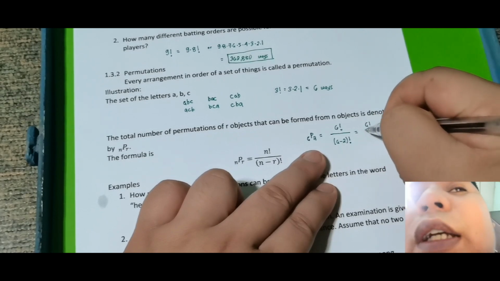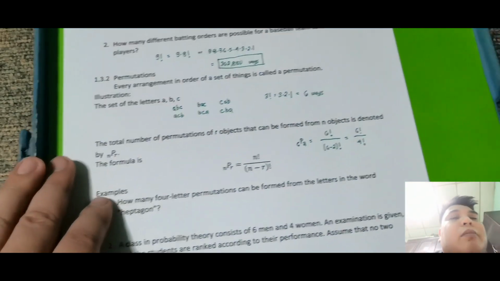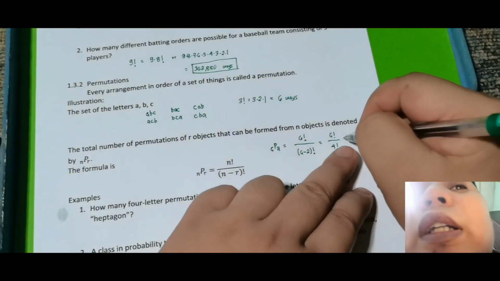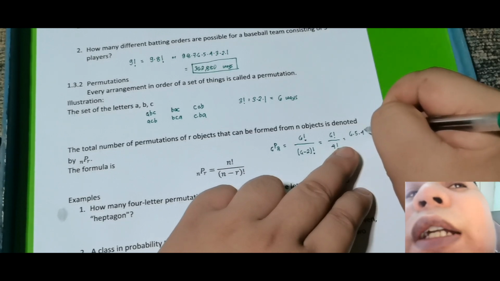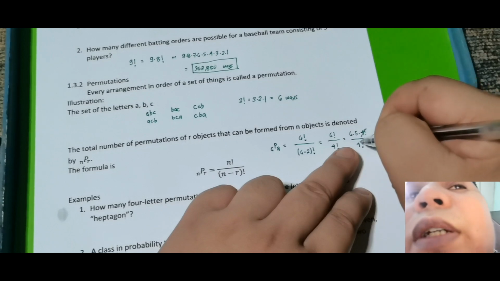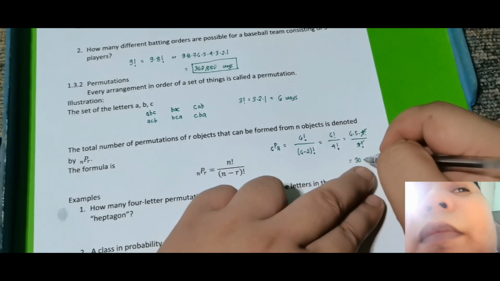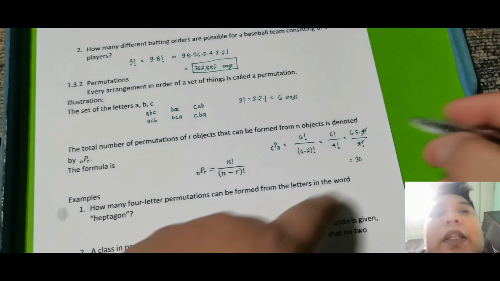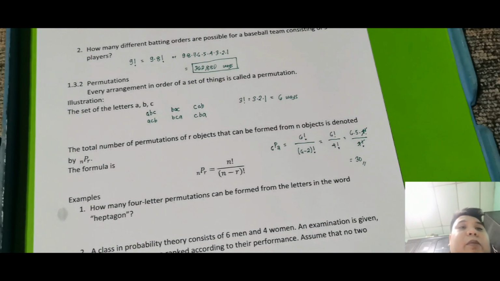This is 6 factorial over 4 factorial. Parang pwede mong gawin ganito. This is just 6 times 5 times 4 factorial all over 4 factorial. So in this case, pwede mong cancelin yan. And that is simply 6 times 5, that is 30. Okay, so that is the answer. Pwedeng ganyan yung gawin mo para lang may makancel ka.